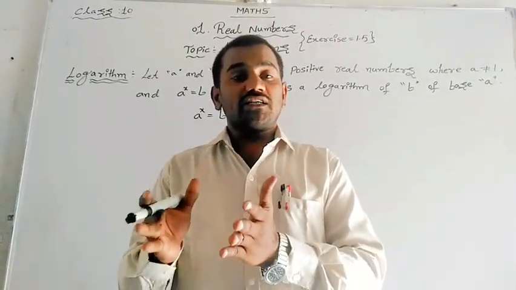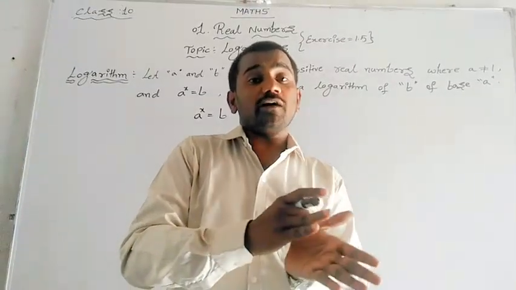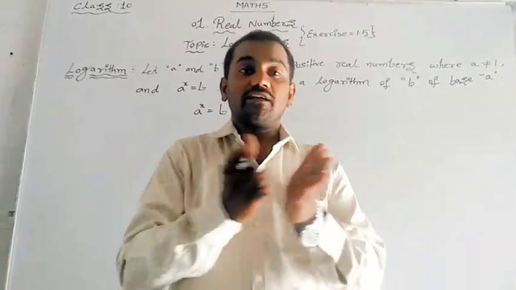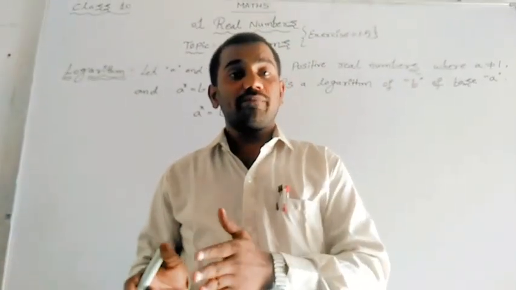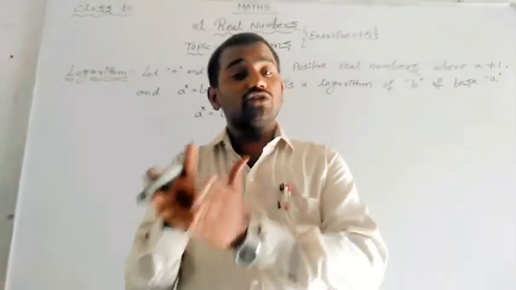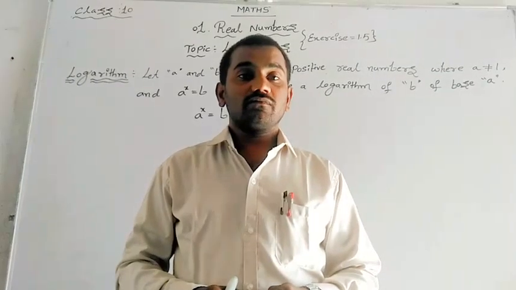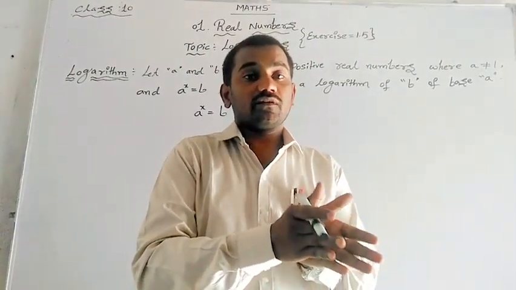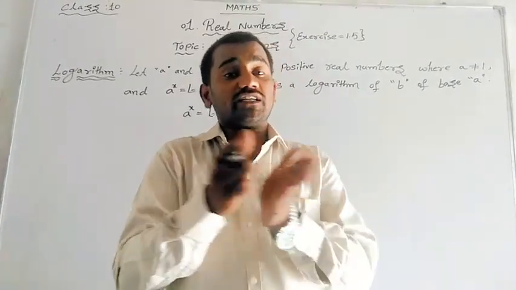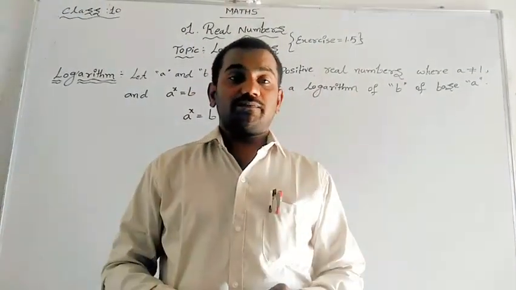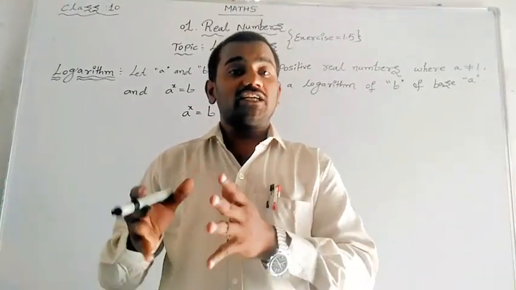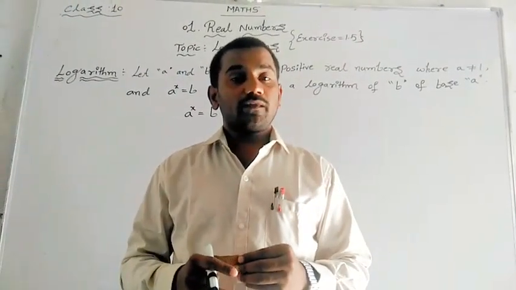Instead of doing multiplications, they turned them into additions. Additions are very easy to calculate compared to multiplications. In the same way, divisions are difficult to do, so they converted them into subtractions, which is very easy to calculate.